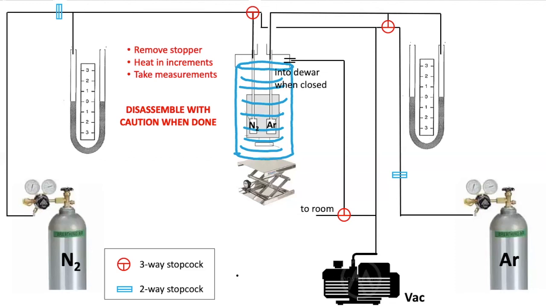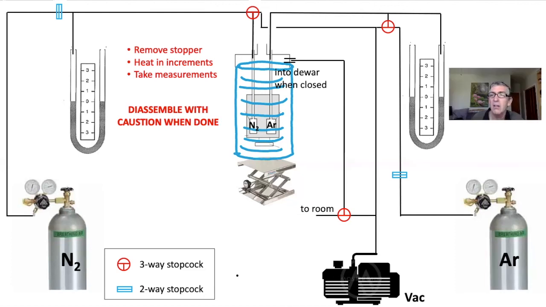If your system is still closed, the pressure could force the mercury out of the manometer into the trap. And I've seen it happen with such force that you sometimes have mercury even leave the trap, and it has to be cleaned up, and mercury can be dangerous. So you want to be very careful, and you should really get your instructor close by when you do that.